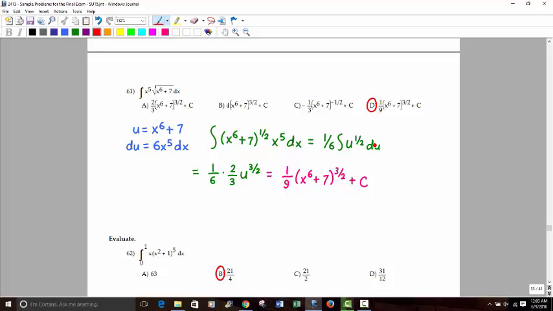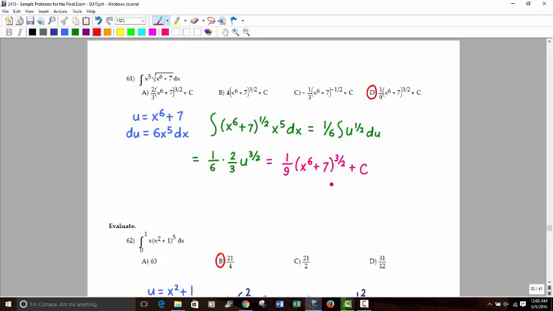With 1/6 u to the 1/2, just do the power rule, so you'll end up with 2/3 u to the 3/2. And 1/6 times 2/3 ends up being 1/9. So you have 1/9 (x to the 6th plus 7) to the 3/2 plus c. All right, so that's a nice straightforward substitution.